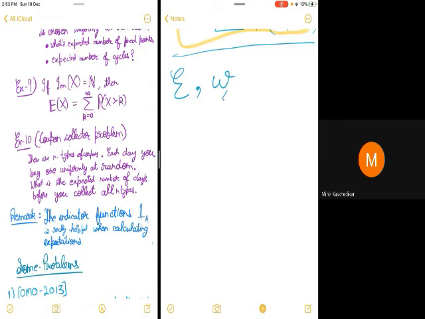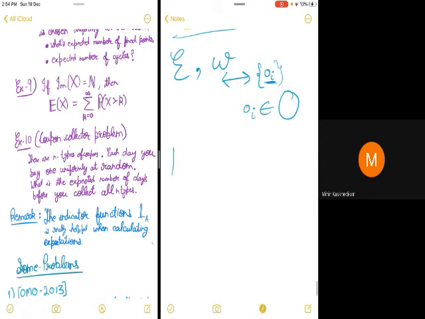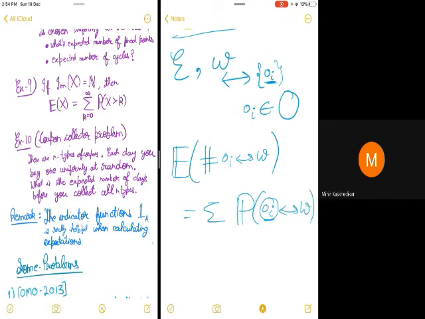Suppose omega corresponds to a number of objects O_i, and all such objects O_i we collect and call the set capital O. Then we can calculate the expected value of the number of objects O_i which correspond to a random omega as the sum of probabilities that a given object O_i corresponds to our outcome omega.